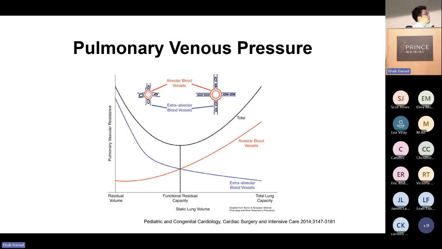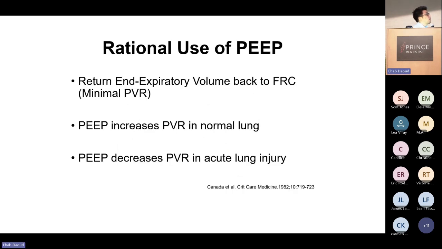So again, the goal for the PEEP is returning end-expiratory volume back to the FRC. And what's interesting is Canada et al. back in 1982 proved that PEEP actually increased PVR in normal lung, but PEEP decreased the PVR in acute lung injury.